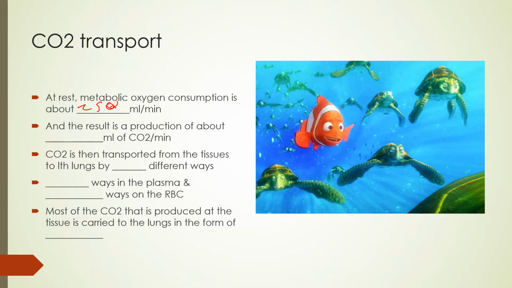So as your body consumes this oxygen, your cells metabolize it, right? And then they produce about 200 mLs of CO2 per minute. So you consume 250 mLs of oxygen per minute, and you produce 200 mLs of CO2 per minute.